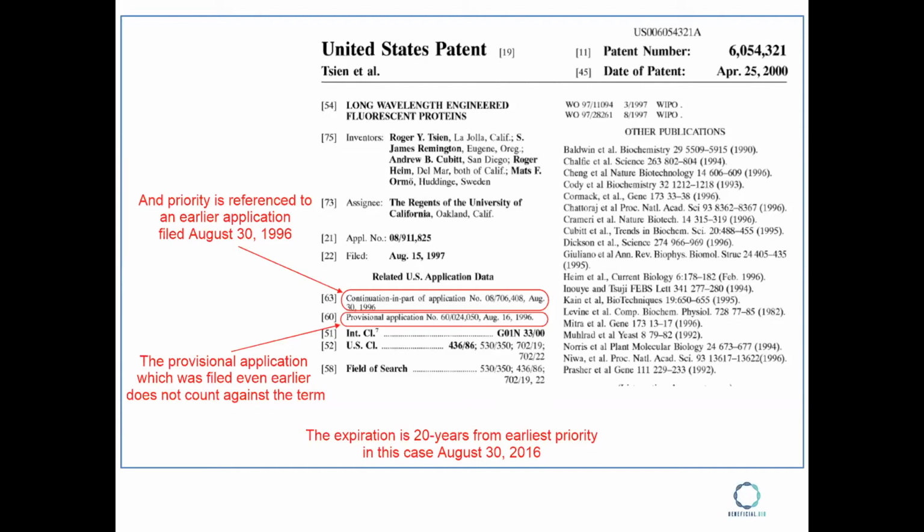You also see a provisional application of August 16th, just a few weeks earlier, 1996. But provisional applications don't count. And so we know that the continuation-in-part, August 30th, 1996, is the earliest priority, 20 years from that date. So that brings us to August 30th, 2016.